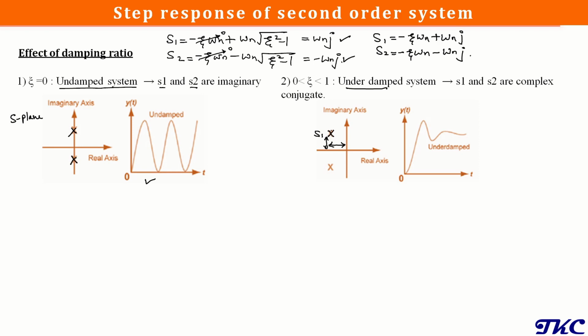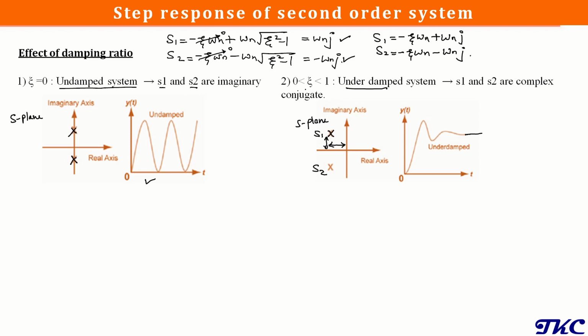In this way we can plot a conjugate in the S plane, and similarly we can plot S2 also in a similar manner. So we will have both the poles in this way on the S plane for this kind of system, or underdamped system, and the response of this kind of system we will have here in this nature. With respect to time, the system is going to give us output, and as time progresses its output is going to settle down to some value. So this response is called an underdamped response.